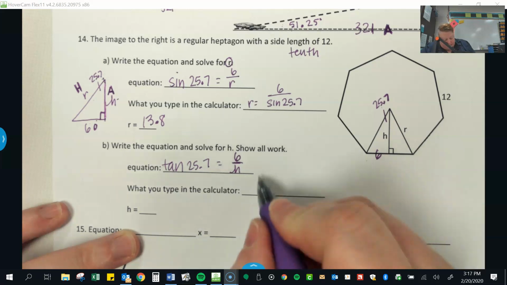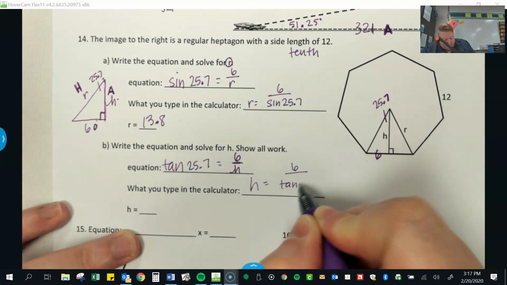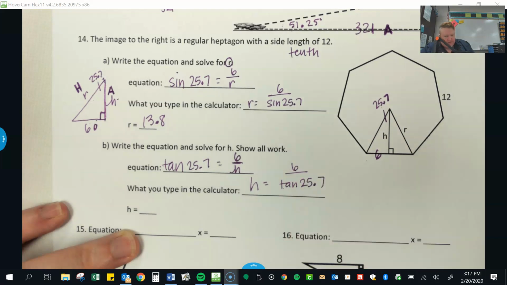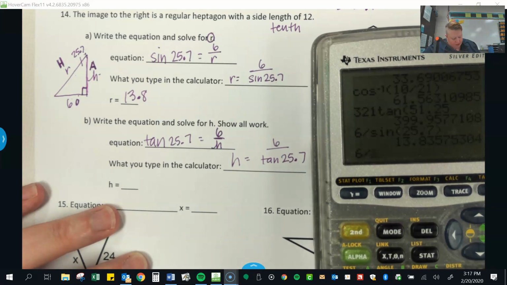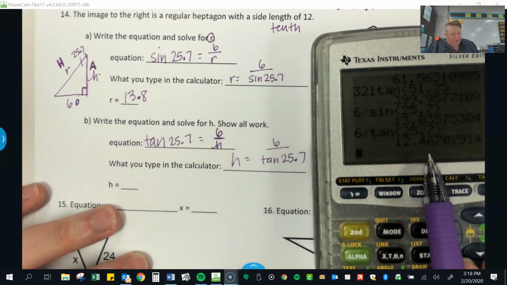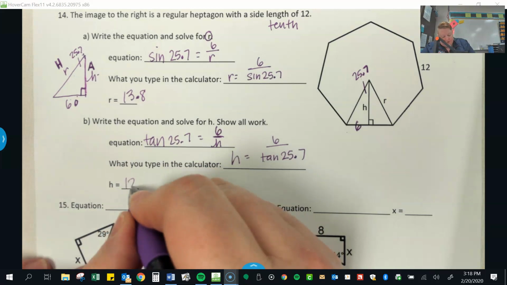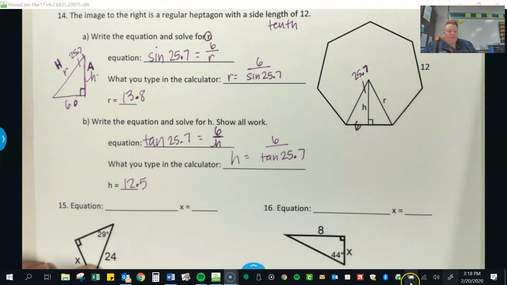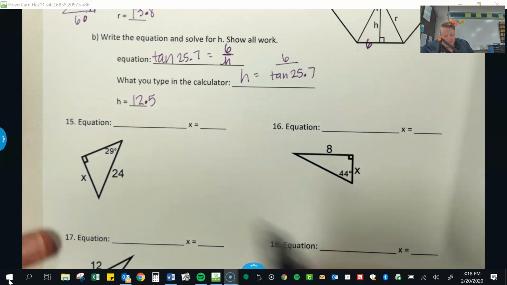So I'm going to say h is equal to 6 divided by tan 25.7. Put that in your calculator. We're going to round to the nearest tenth. And I get 12.46. That 6 turns that 4 into a 5, so it's 12.5. We're almost done. These last 4 are pretty easy.